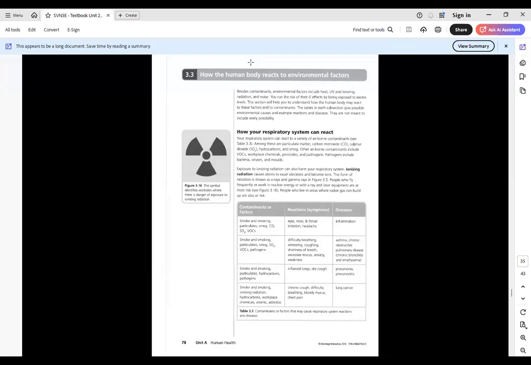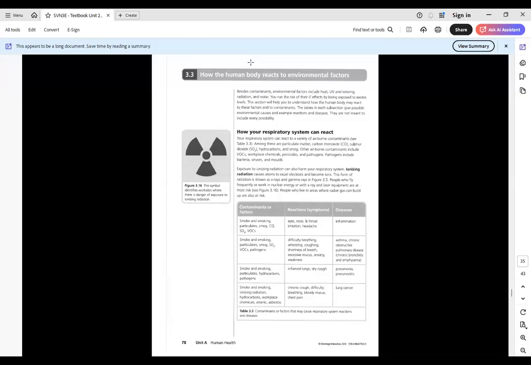And so often people with that have to put on an oxygen tank, and they put the tubes from the oxygen tank into their nose, and that delivers oxygen to their body because they're not getting enough by breathing in naturally. Okay, the next contaminant listed there, along with smoke and smoking particulates, is hydrocarbons.